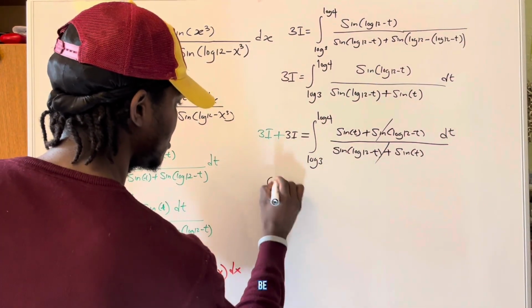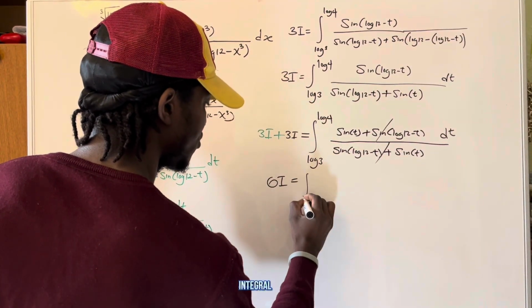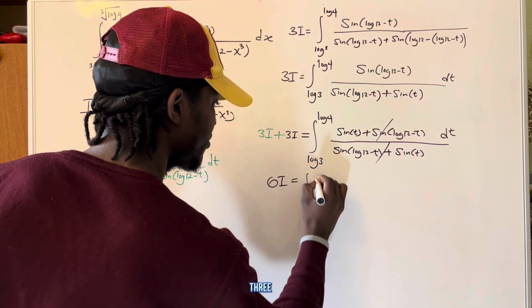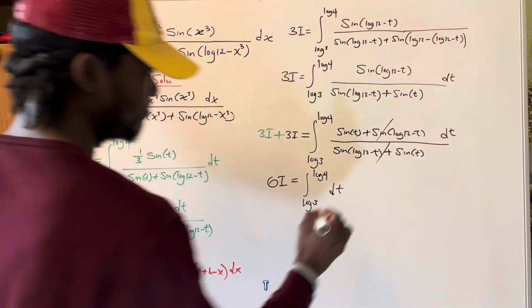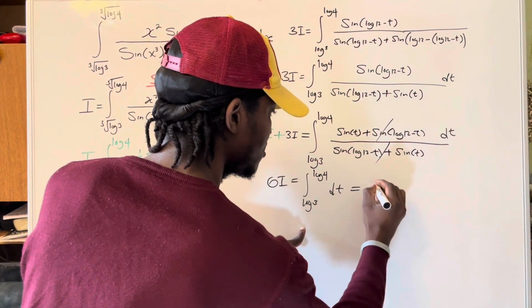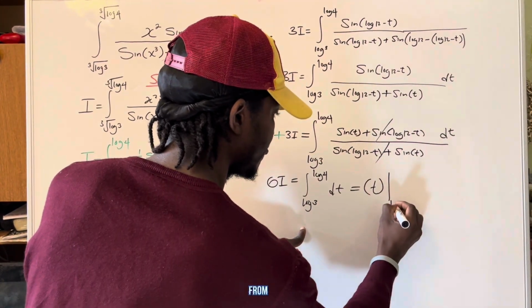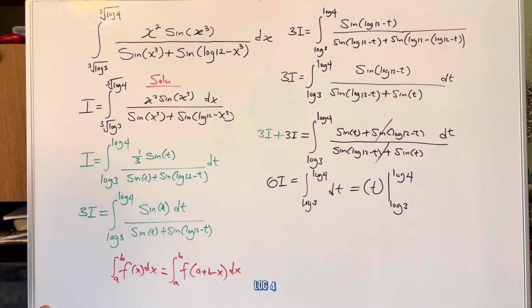So this will be 6r equal to the integral from log of 3 to log of 4 of dt, and this will now be equal to t evaluated from log 3 to log 4.